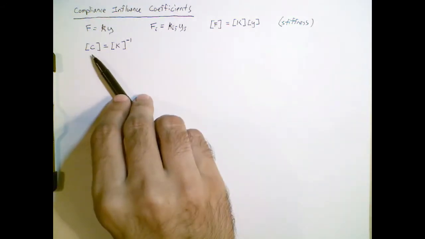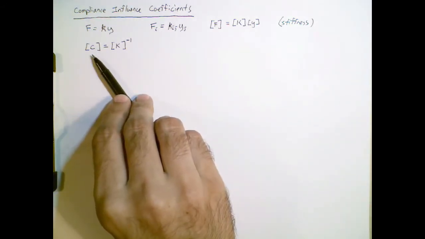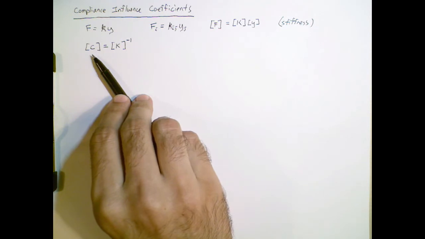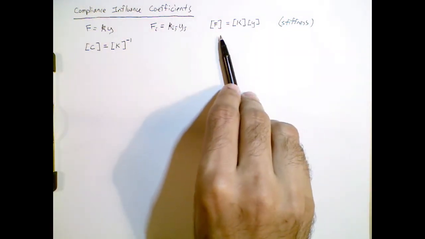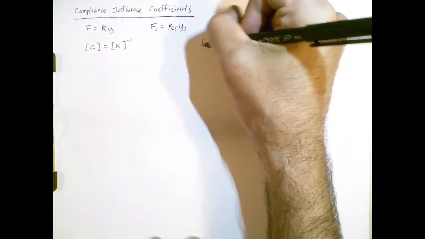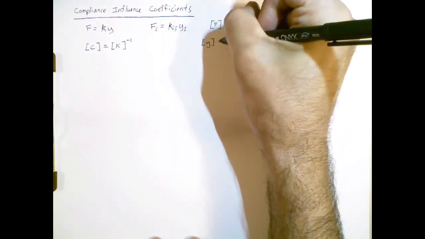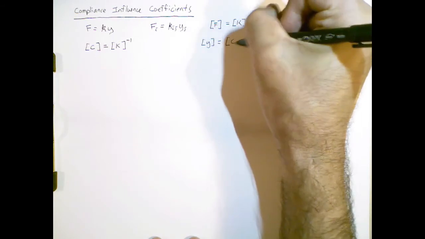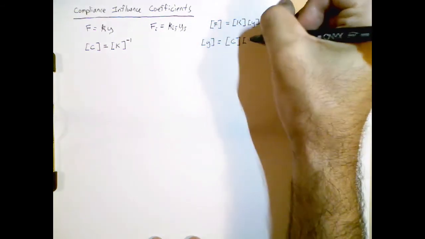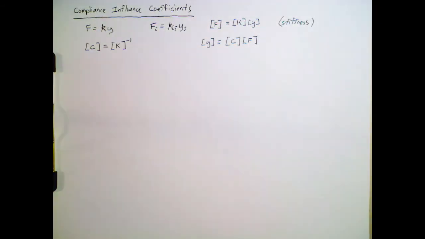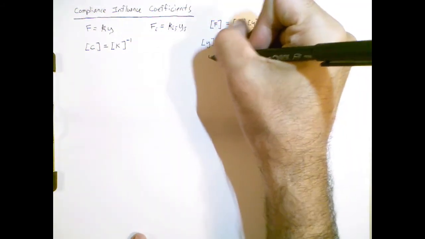There are ways that the system can move without some type of elastic resistance. So if we've defined this compliance matrix, we can rewrite the constitutive equations that we have up here using the compliance matrix. So instead we write the displacement vector is equal to the compliance matrix times the force vector. We can also write that using additional notation.